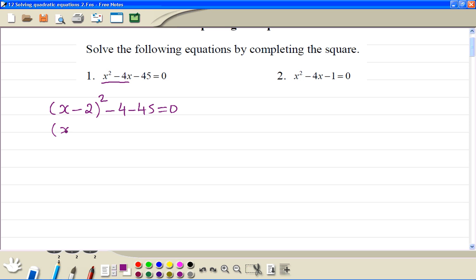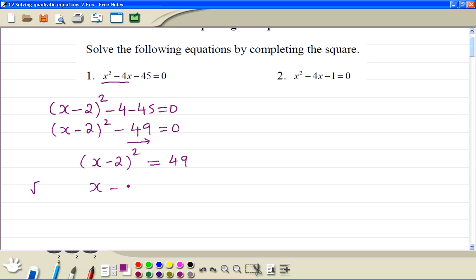Simplify it: x minus 2 all squared minus 49 equal to 0. Next step, we take 49 to the other side. We have x minus 2 all squared equal to plus 49. Now we can take the square root of both sides.